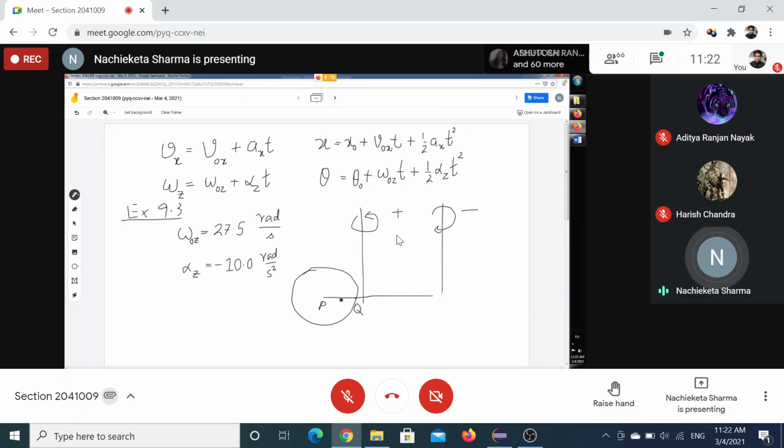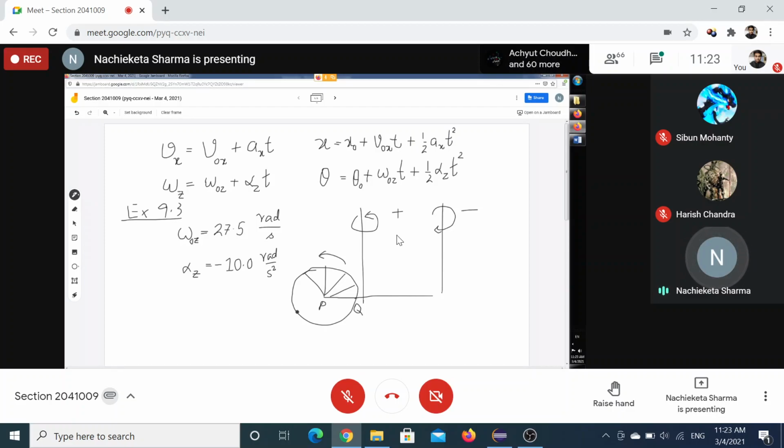Now this line will move because the disk is moving. After certain time PQ will be like this, then like this. So with the rotation of the disk, the PQ's position will also change.